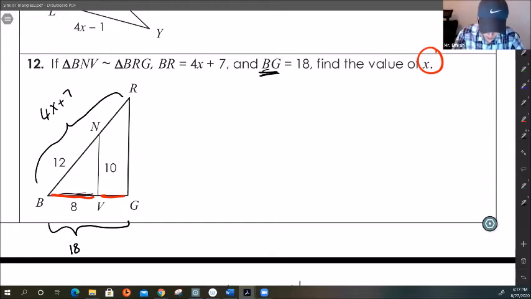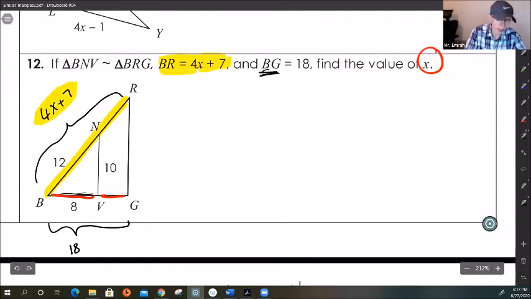Where is X? X is here, the length of BR is given to you as 4x plus 7. So this entire length is 4x plus 7, as a matter of fact. First off, I need to identify which two triangles are similar. This red triangle is similar to the big one, right?